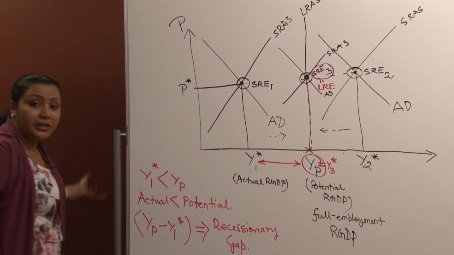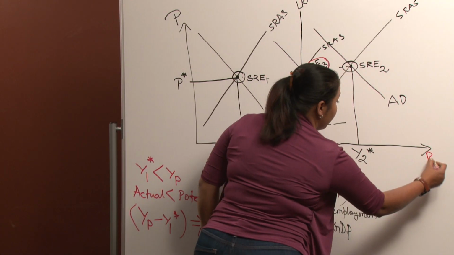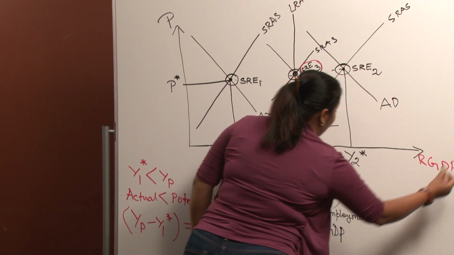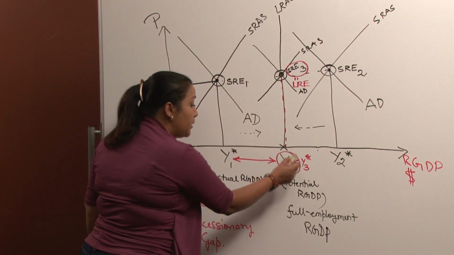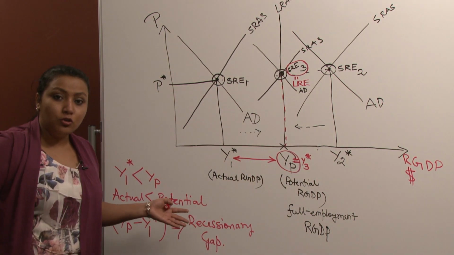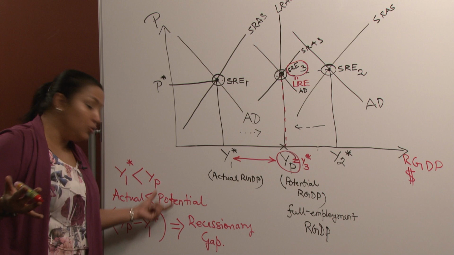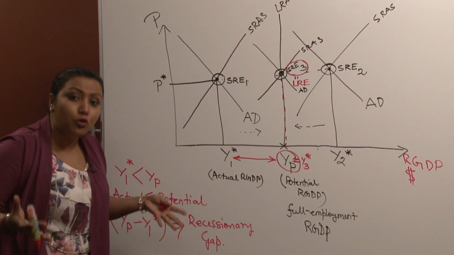Once again, this will be in terms of dollars, because what we are referring to here is real GDP, right? And that's in dollars. So what we are saying is that maybe the potential is $1,000 and the actual is $500. So the difference between the two, 1,000 minus 500, that $500 is an output gap.